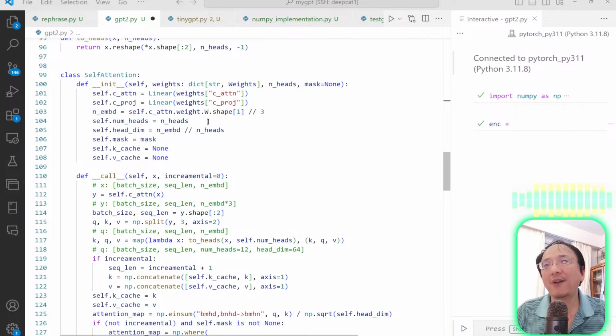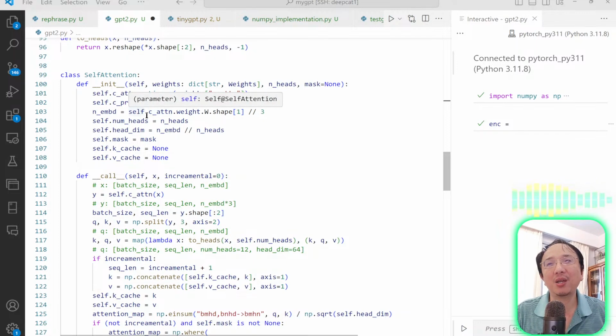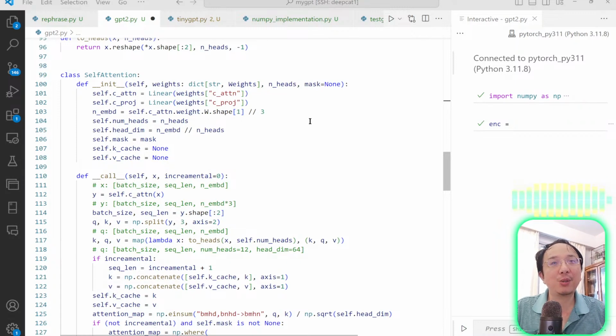And we also have the number of embeddings, which is the dimension of K, Q, and V. They are the same, but we need to have a number right here. We calculate it from the shape of the weight, because, like we said, we do just a single linear projection, so we have to divide it by 3.